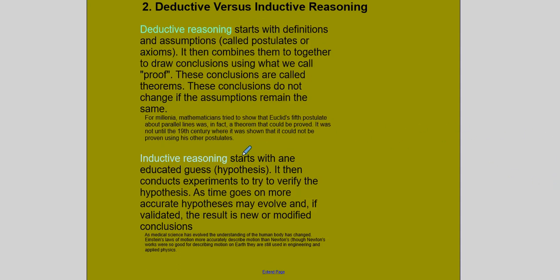So inductive reasoning is what you see in science. It starts with an educated guess, a hypothesis, it's often called. It then conducts experiments to try to verify the hypothesis. As time goes on, more and more accurate hypotheses may evolve, and if validated, the result is new or modified conclusions. In mathematics, once you have your set of postulates and definitions, the conclusions can only be one, and they don't evolve or improve.